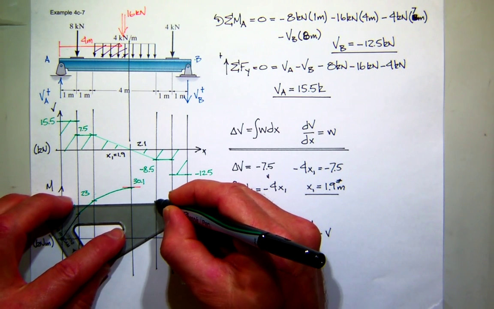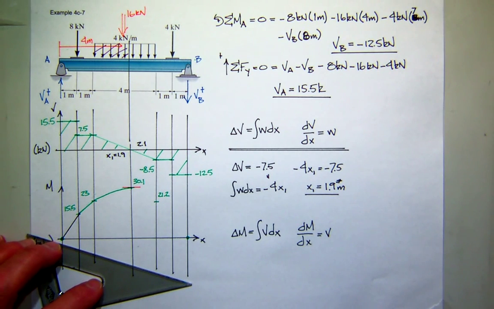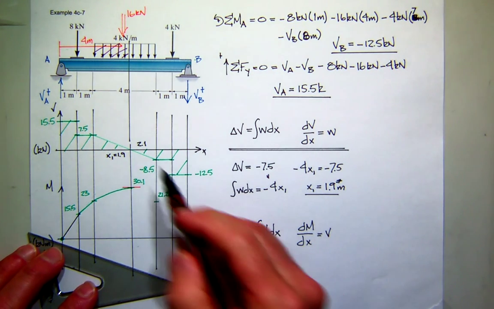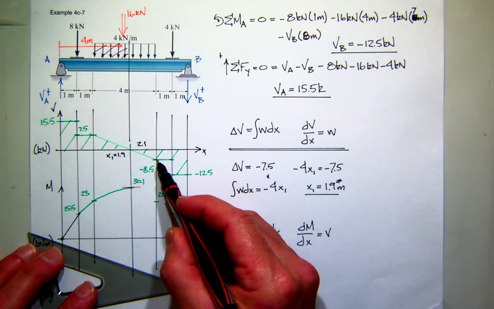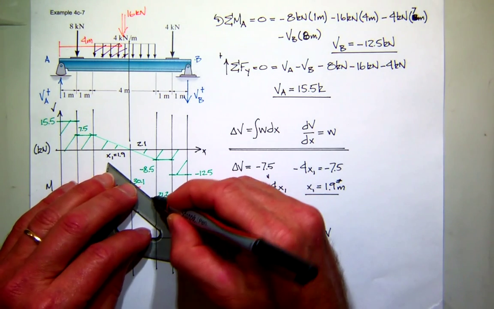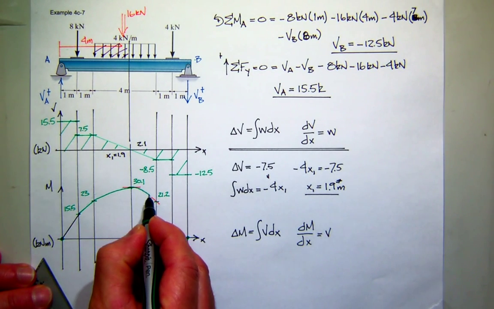This is not going to be to scale, but you get the idea. 21.2. Now what's my slope? It's equal to the shear. It's going to start off at 0 and become negative. So there's a negative slope. So it's going to do something like this.